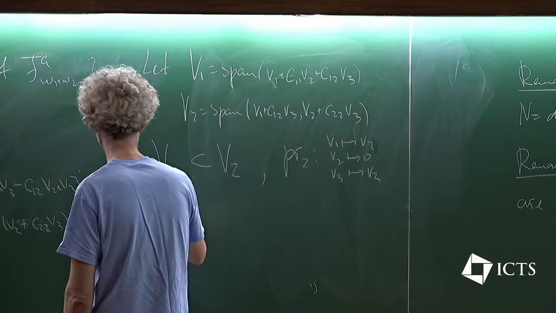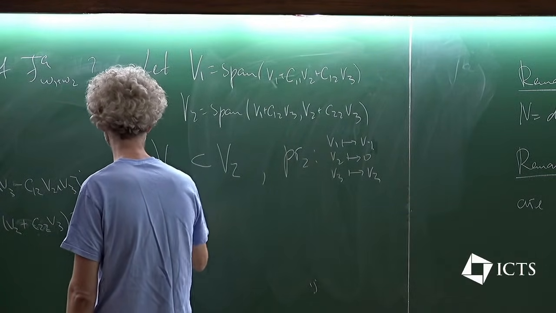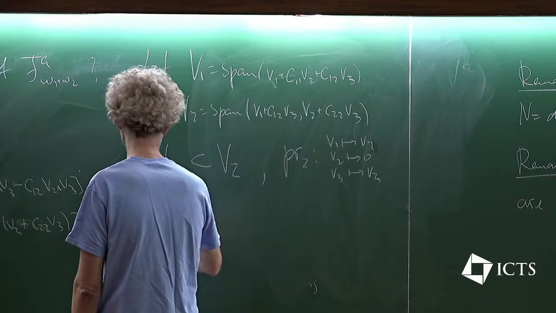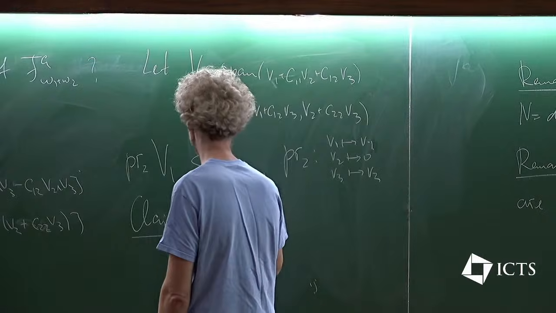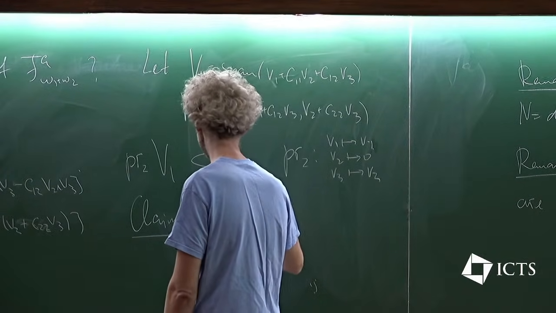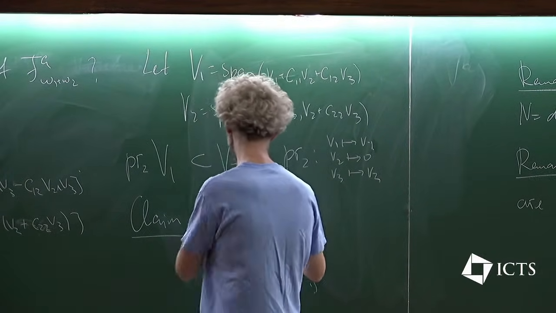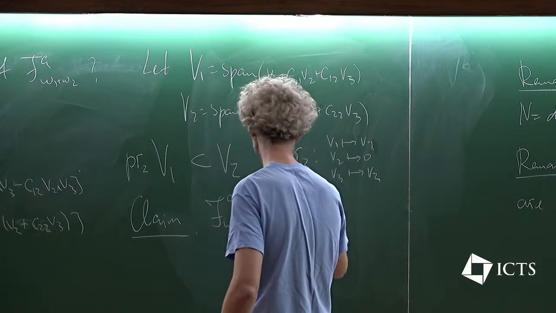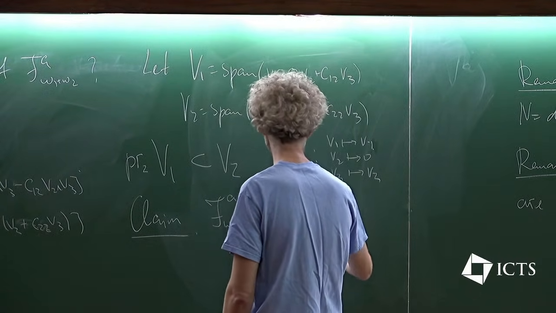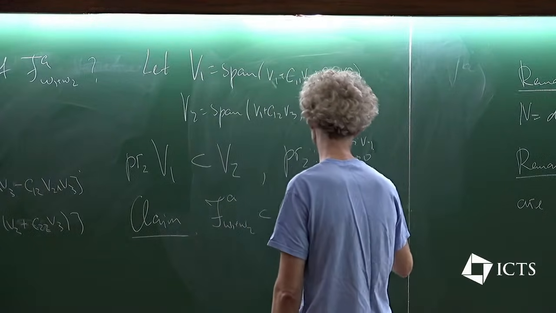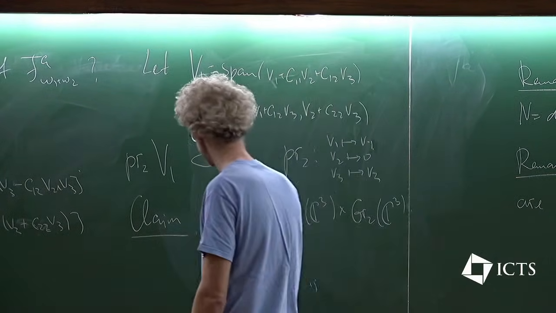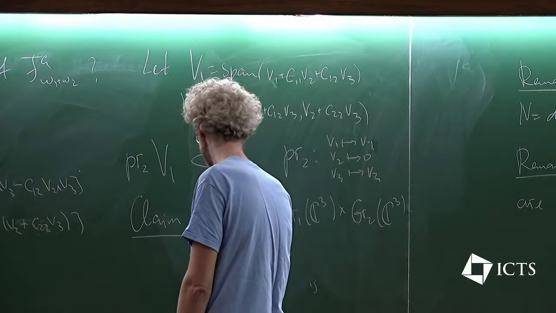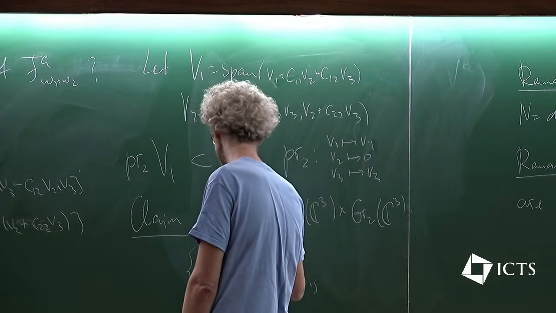So let me write it as a claim that Fa omega 1 plus omega 2 sits inside Grassmannian 1 C3 times Grassmannian 2 C3 and consists of pairs of spaces V1, V2.